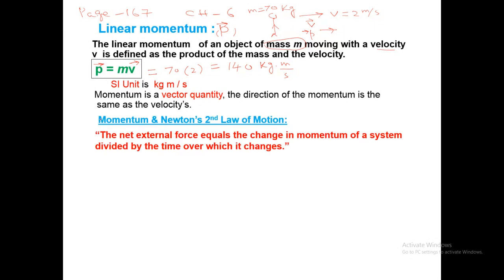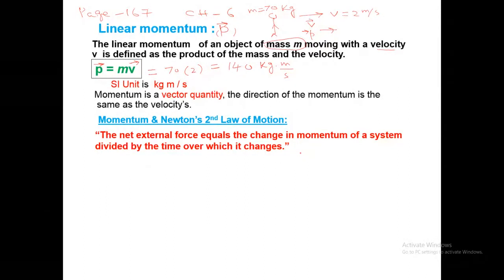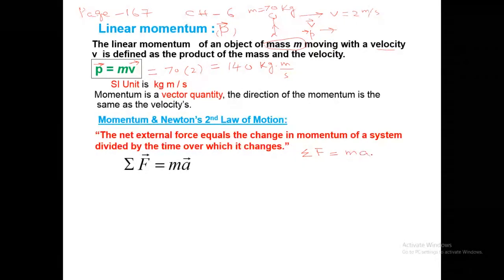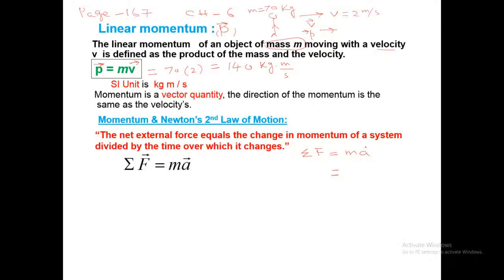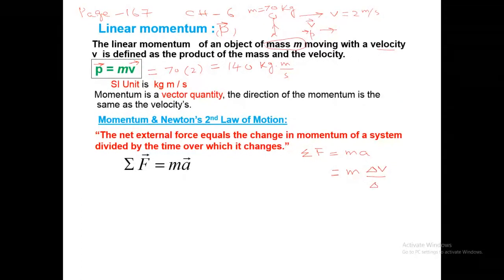Now, momentum and Newton's second law of motion. We have done Newton's second law of motion in chapter number 4. This is acceleration, right? And acceleration is equal to change in velocity over time interval.